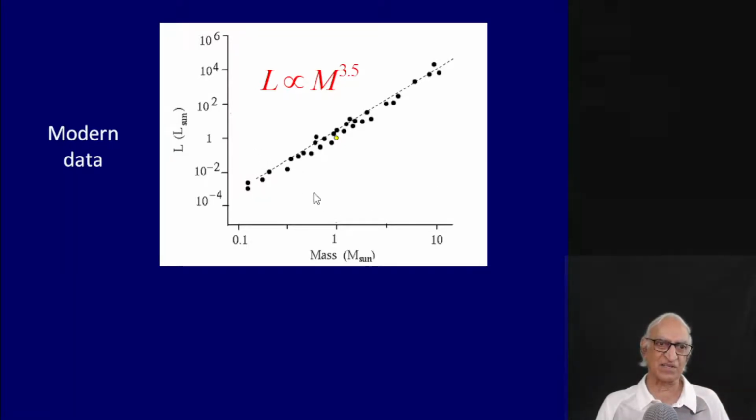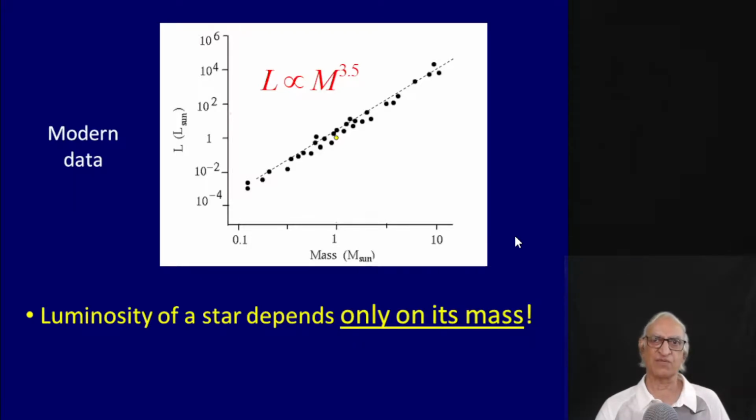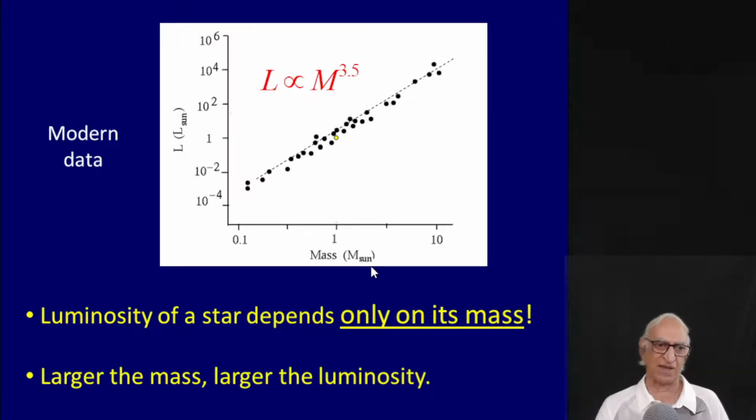Eddington was dealing with this region over there at that time. So I think this is a very remarkable thing. Therefore, even though the exponent is 3.5 observationally and not 3, we can continue to say that the luminosity of a star depends only on the mass. Therefore, larger the mass, larger the luminosity.